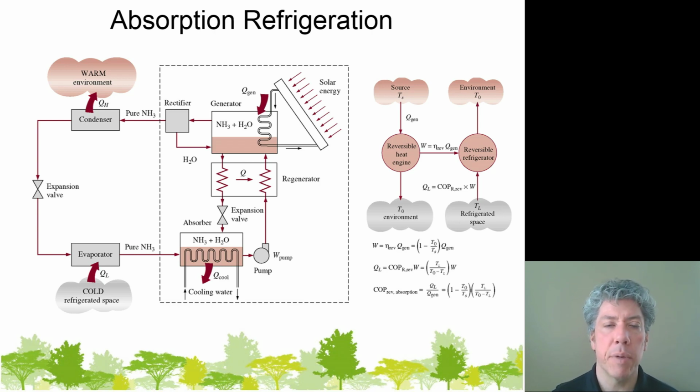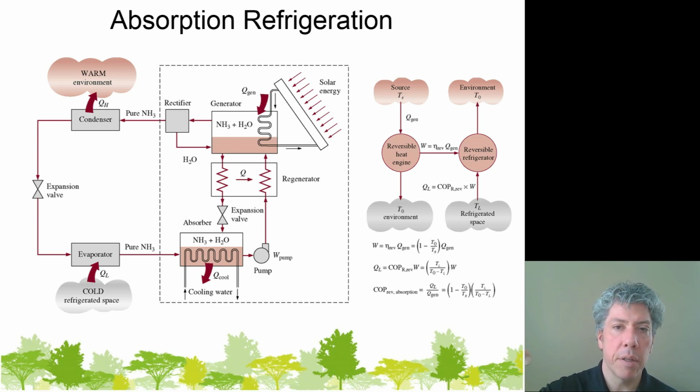The job of the rectifier is to make sure that only ammonia gets through and not liquid or water. Now there's some other devices here. There's of course a pump for causing the large pressure difference between the high side and the low side.